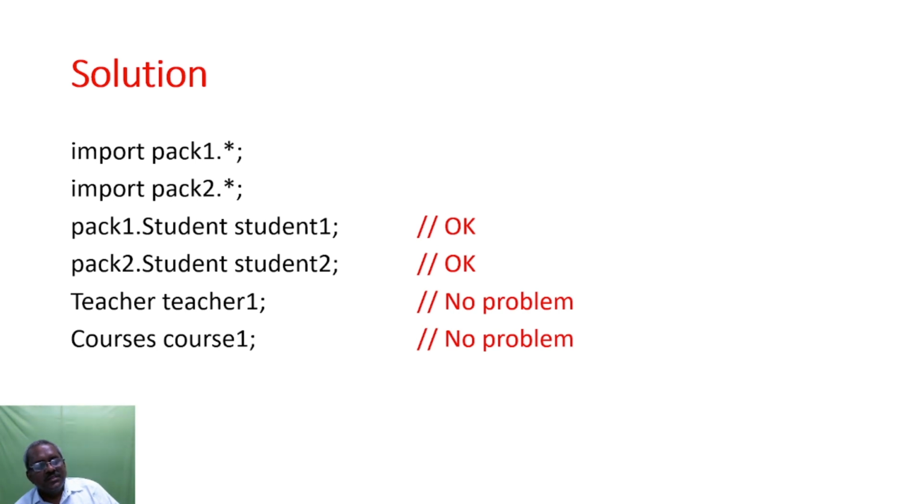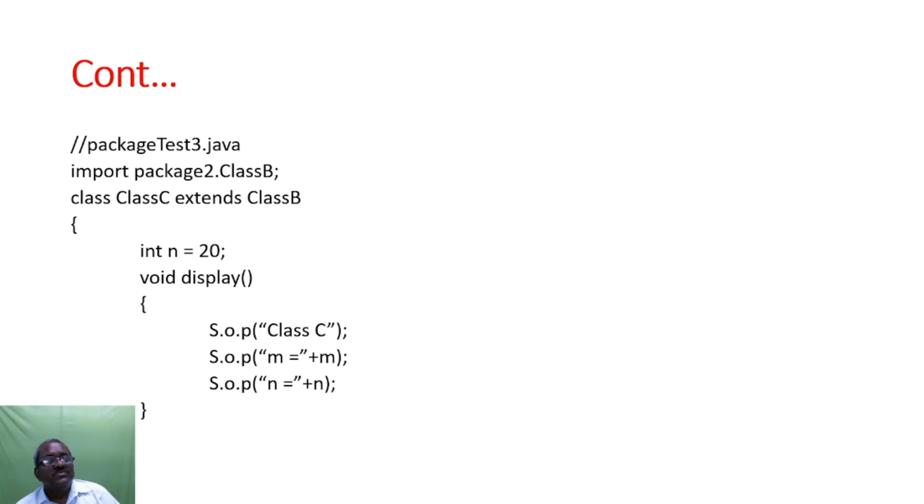So when you say courses, it will refer to only the courses in package 2. There also you don't have any problem. So this also, package test 3 Java, import package 2 class B.